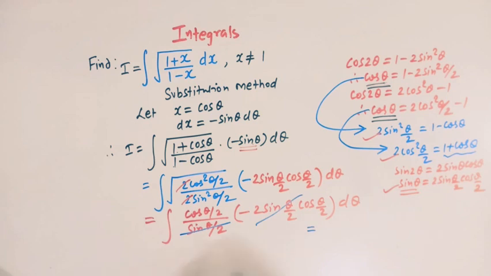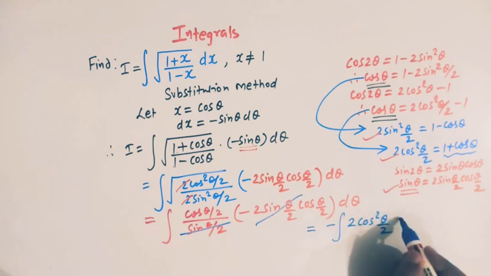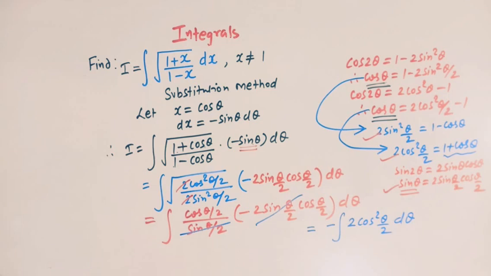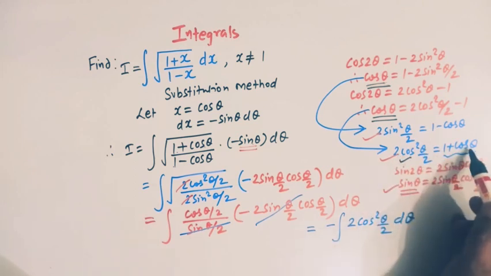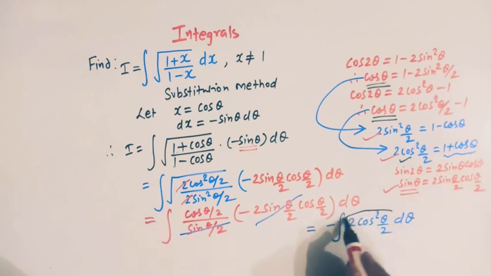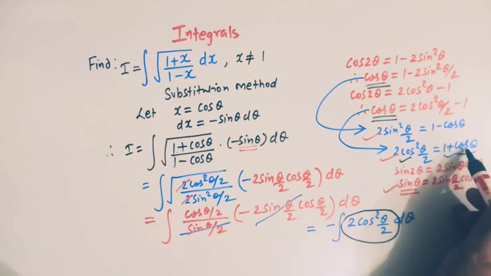And we have integral minus 2 cos square theta over 2 d theta, right? Now again we'll use this result, because 2 cos square theta over 2 is equal to 1 plus cos theta. So here we'll replace this term by 1 plus cos theta.